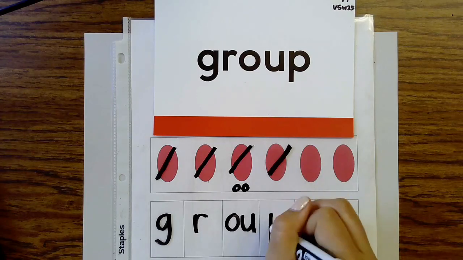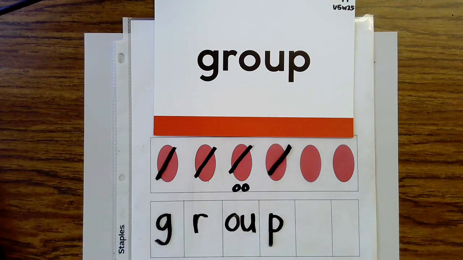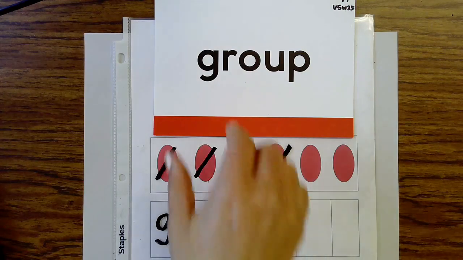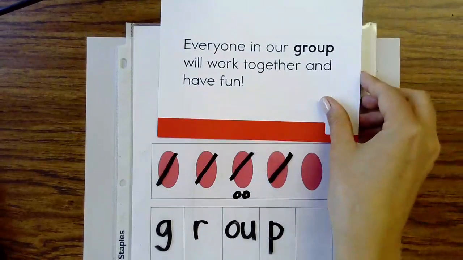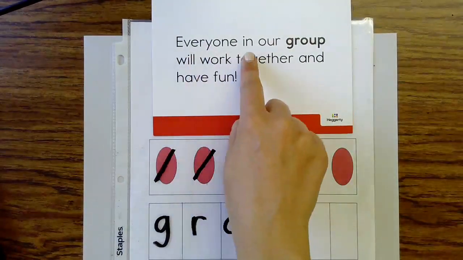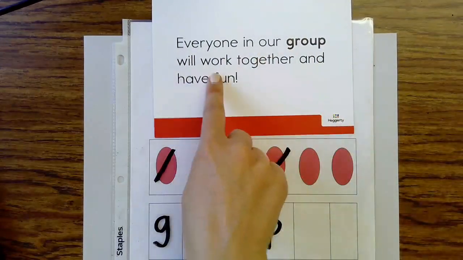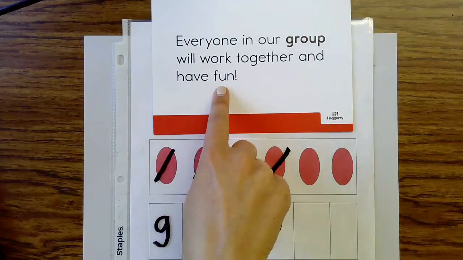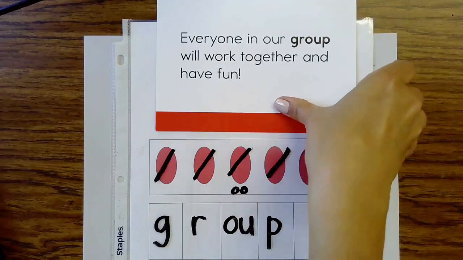Oo is a P. It is the word group. Sound it out with me. Oo, group. For example, everyone in our group will work together and have fun. It is the word group.